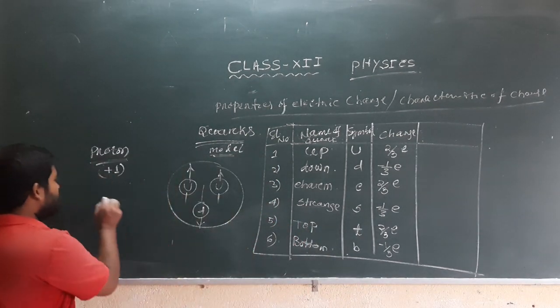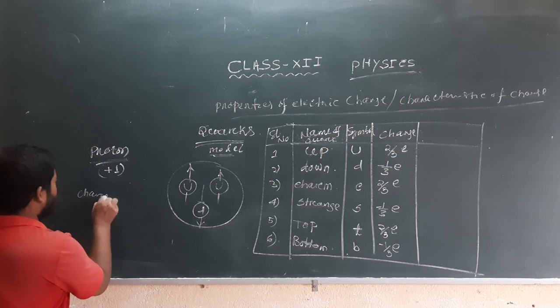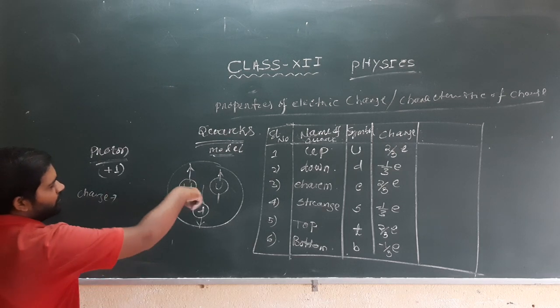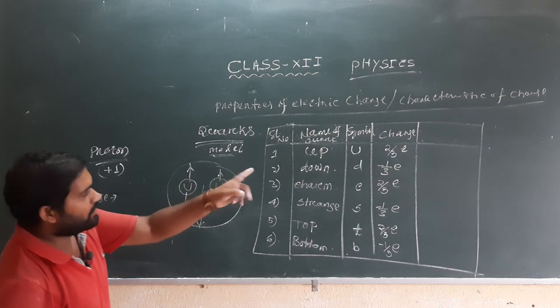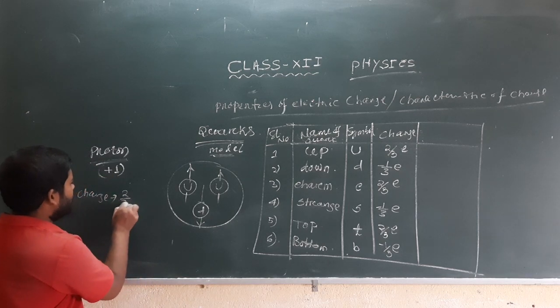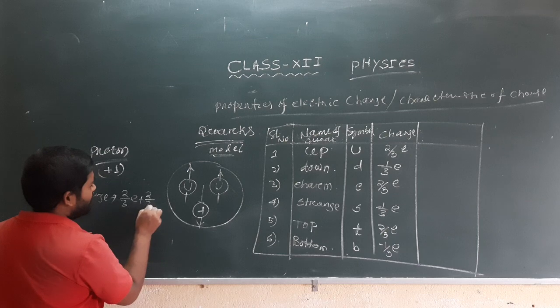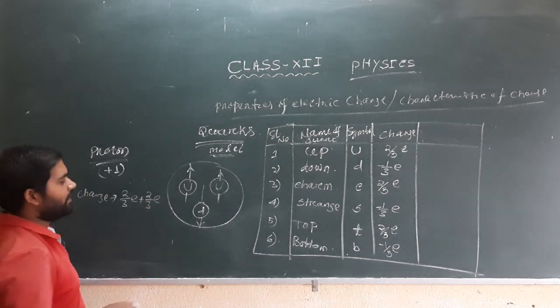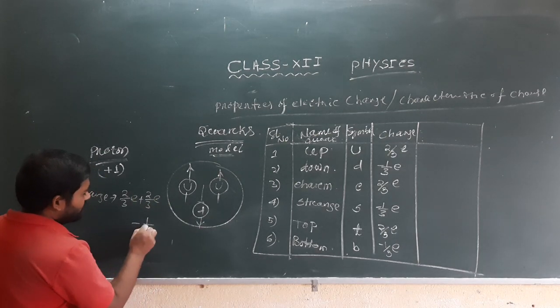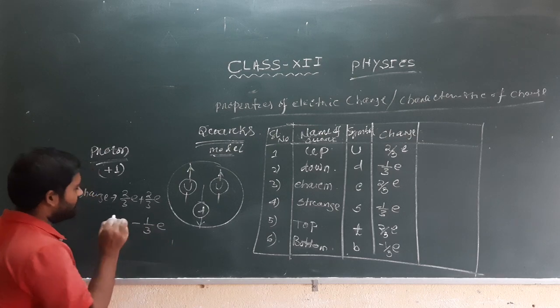If we measure the charge of those 3 quarks, the up quark has a charge of 2 by 3 e, plus another up quark, 2 by 3 e, and one down quark, minus 1 by 3 e.